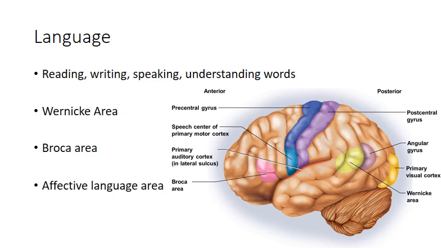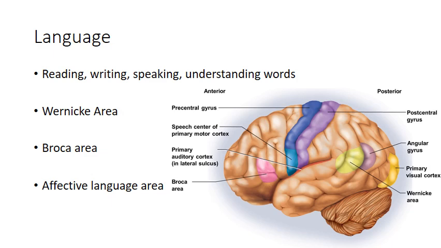So anytime we are understanding communication by way of words, so whether it's listening to them, saying them, reading them, or writing them, all of that is going to be done by very specific regions in the brain. So we have 3 areas that are really involved in language and our understanding of it.